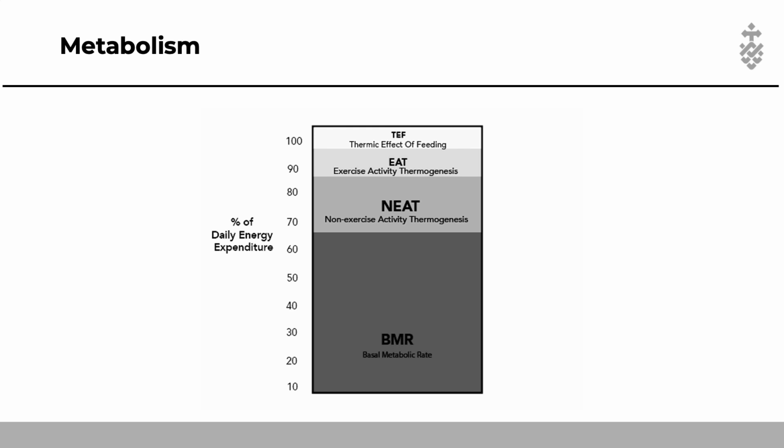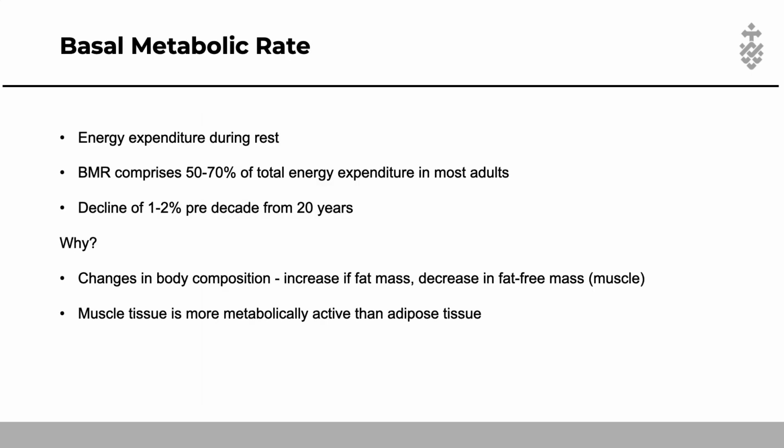So let's have a closer look at BMR. Now, our BMR, our basal metabolic rate, which could also be called resting metabolic rate, is the amount of energy that our bodies burn at rest. So if you just laid in bed for 24 hours, your BMR counts the energy it takes to keep you alive while resting.